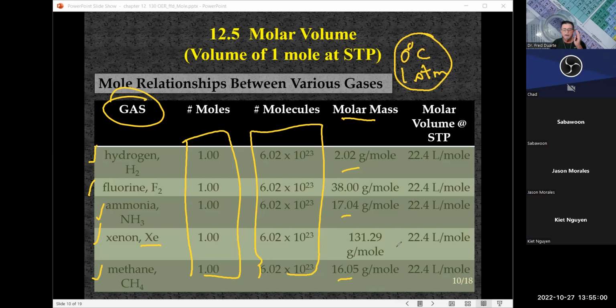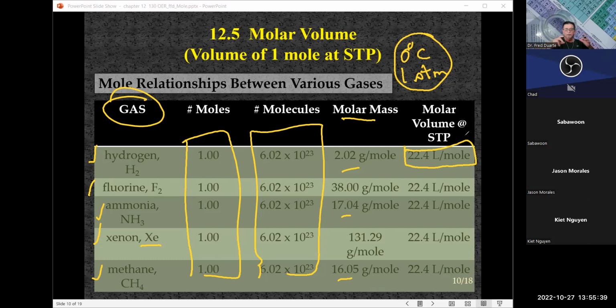Now, at STP, what they also have in common is that they occupy 22.4 liters per mole. So if you have 1 mole of a gas and the temperature is 0 degrees Celsius and it has 1 atmosphere, it now has a known volume of 22.4 liters for all these gases.